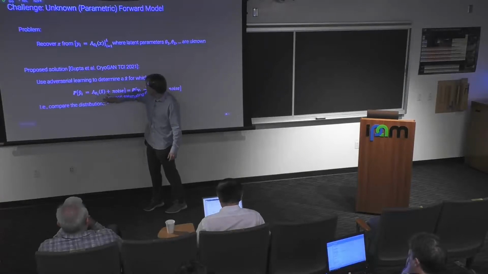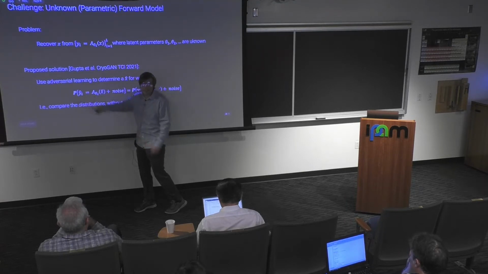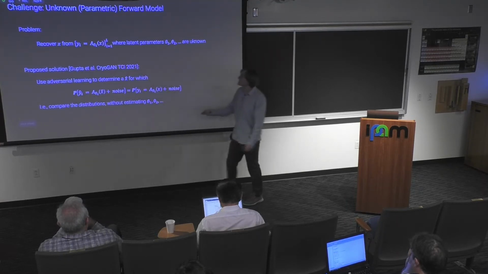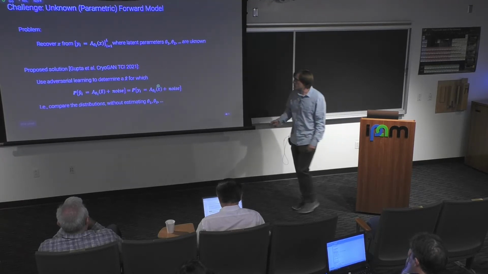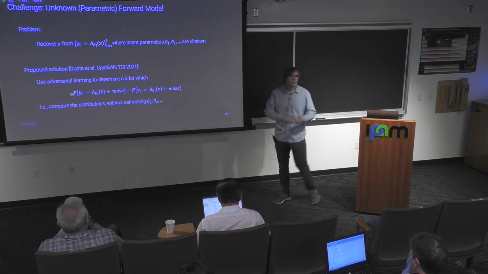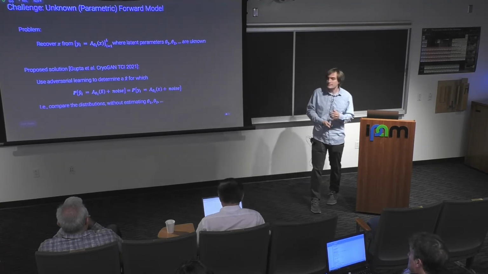If we fed our reconstruction through the forward model many, many times, we'd produce a sequence of predicted observations that follows the same distribution as our actual observations. So the takeaway here is we're comparing distributions, not individual realizations of the measurements.